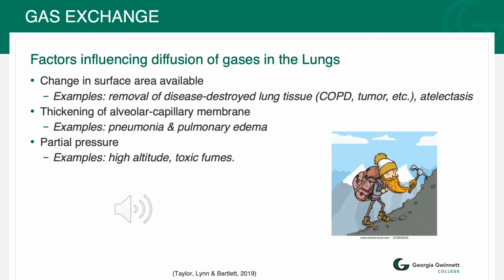So we talked about factors that were essential to have normal functioning of the respiratory system in the last slide. So let's look at factors that influence that gas exchange, or that diffusion of gas in the lungs. Things like changes in surface area.